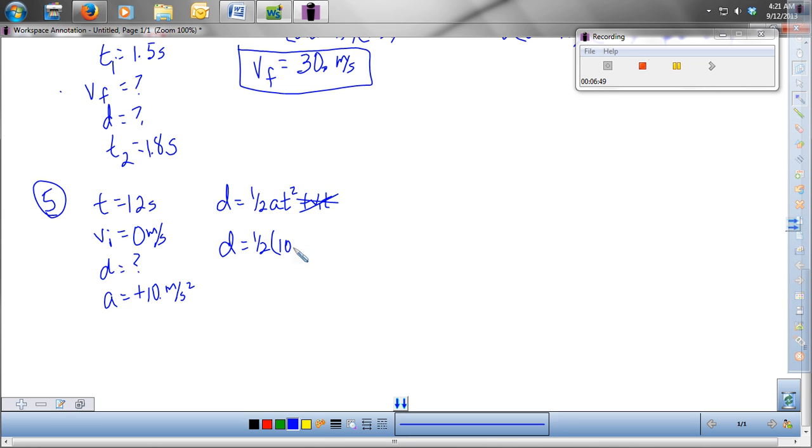A is 10 meters per second squared, and it's going to last for 12 seconds. So distance is 720 meters. But I have two significant digits, so I'm going to write it as 7.2 times 10 to the 2 meters.